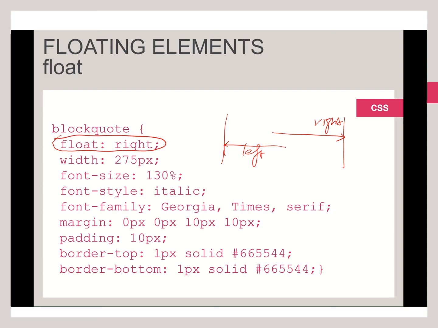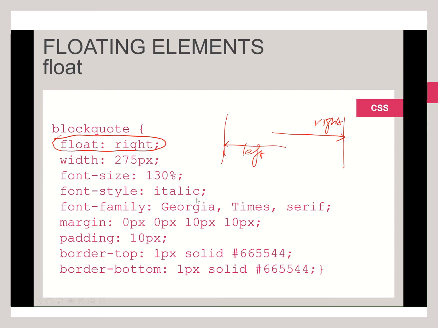That means shift this blockquote to the right as far as possible. The width is 275 pixels. Font size is 130% of default. If default is 16, you can multiply to get the font size.